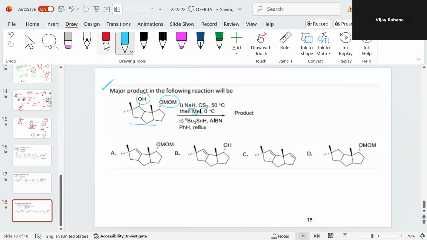If you go step by step, sodium hydride is the source of H minus. If you look at the reactive center here, the OH, it will form O negative. And then if you treat this with the C double bond S, O negative attacks here.